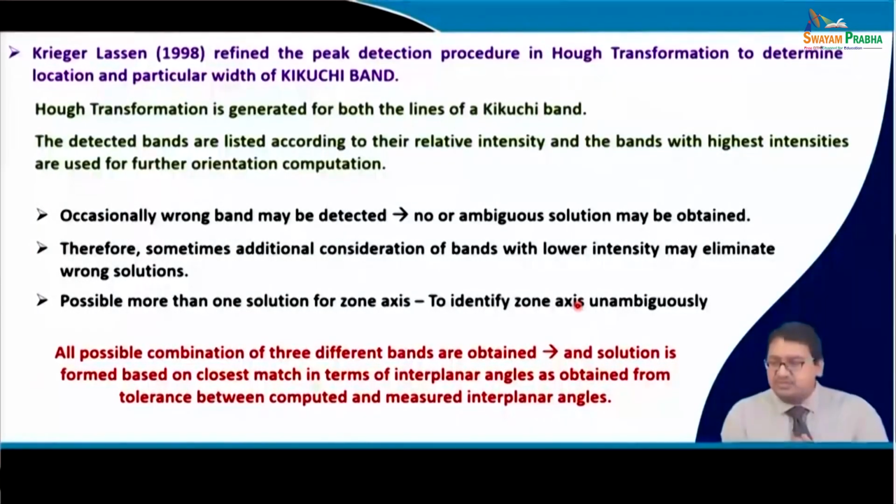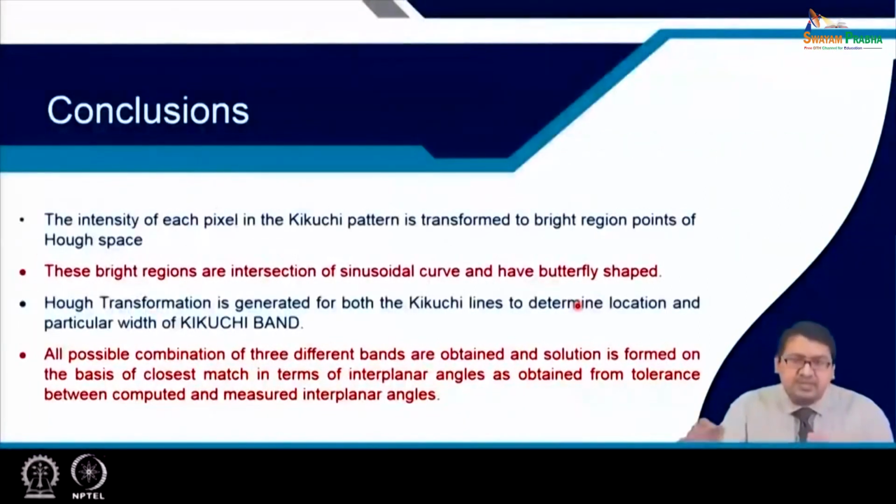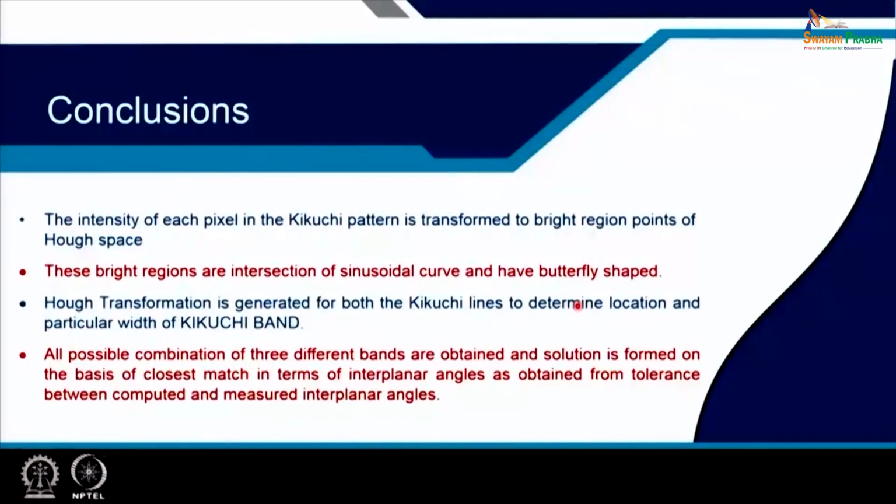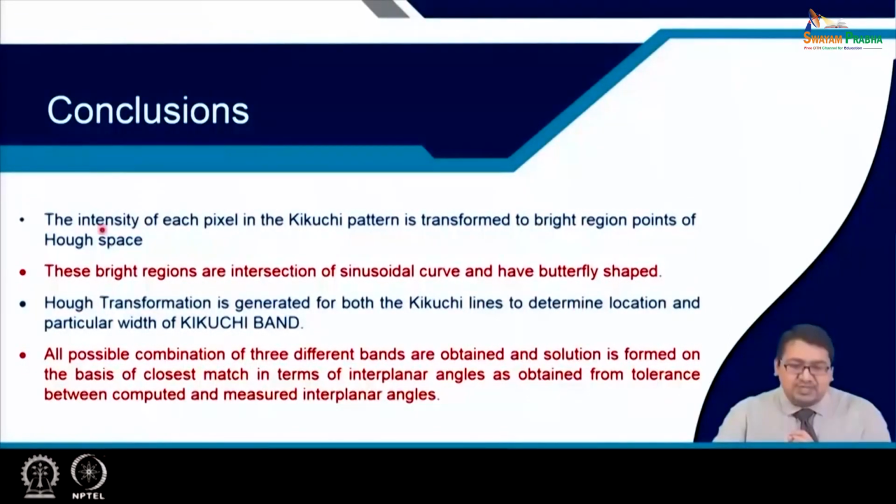Okay. So, what we can conclude from this lecture is that the intensity of each pixel of the Kikuchi pattern is transferred into bright regions of the Hough space, from which the Kikuchi bands are basically back calculated for more accuracy.